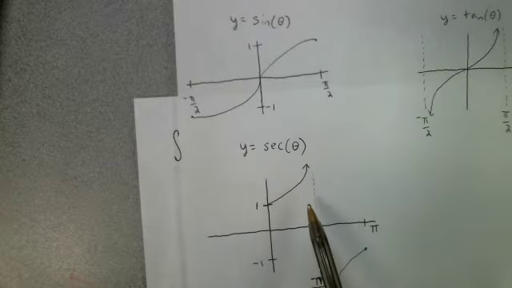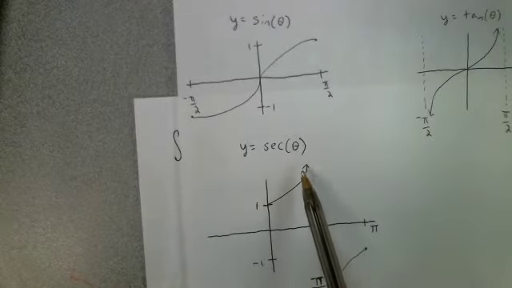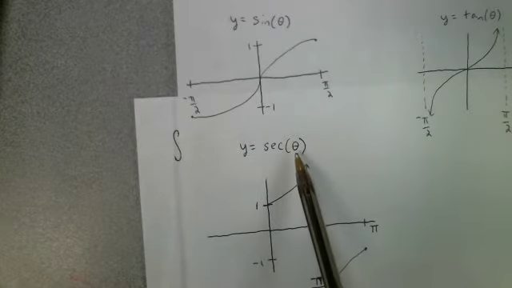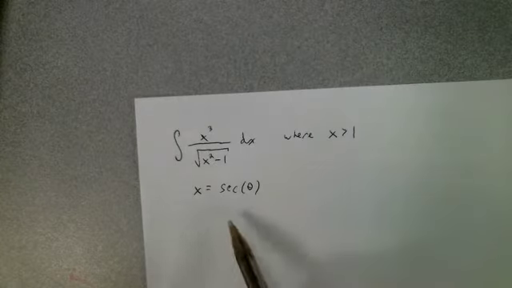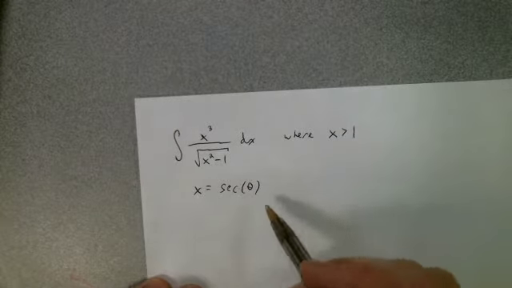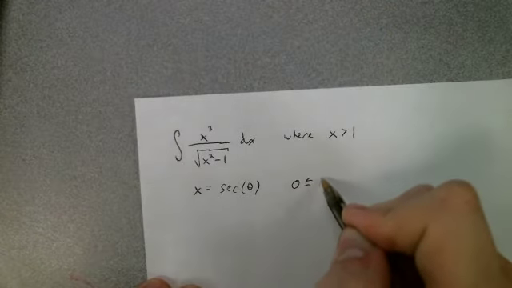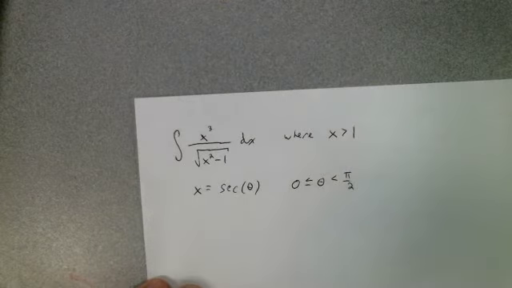If you pick 5, you can find an angle where if you plug it in, secant of theta hits 5. So I can indeed say let x equal secant of theta if I pick theta correctly. I can always choose theta to be an angle between 0 and pi over 2.